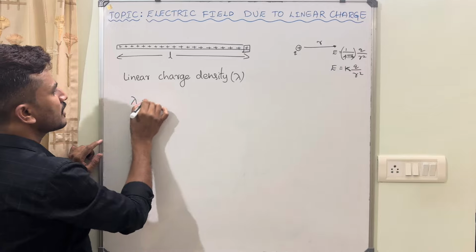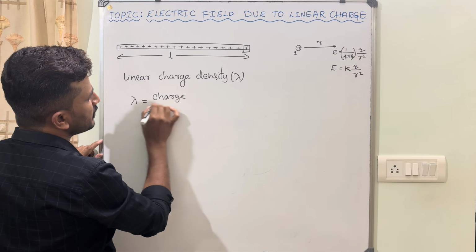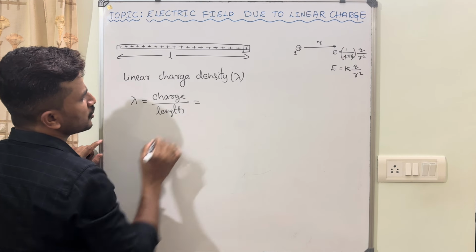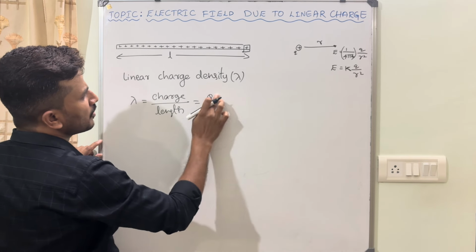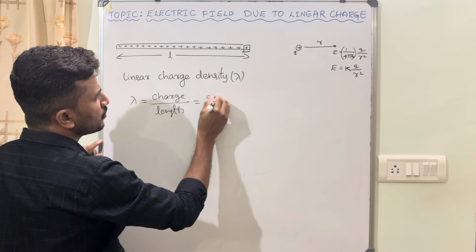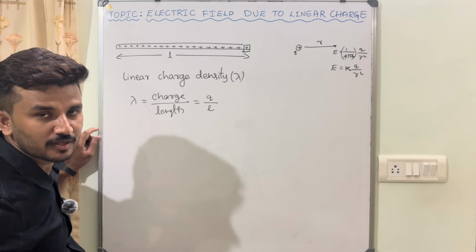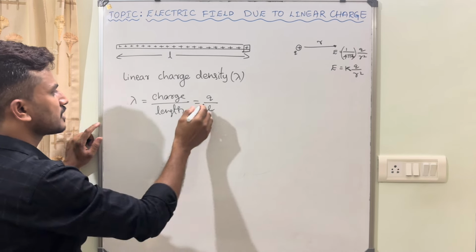So linear charge density is given by the total charge divided by the length on which it is distributed. What is the total charge in it? Let's consider Q, or you can write it as small q also. Q divided by the total length. Total charge divided by total length will give you linear charge density.